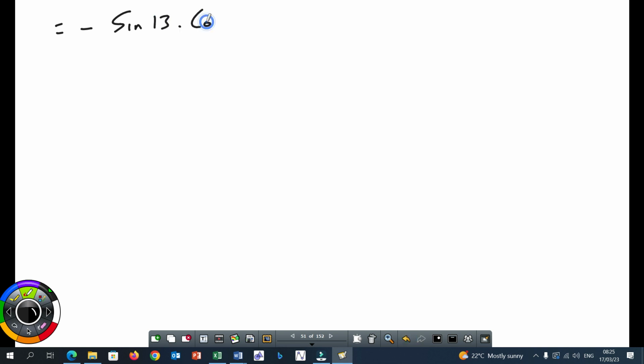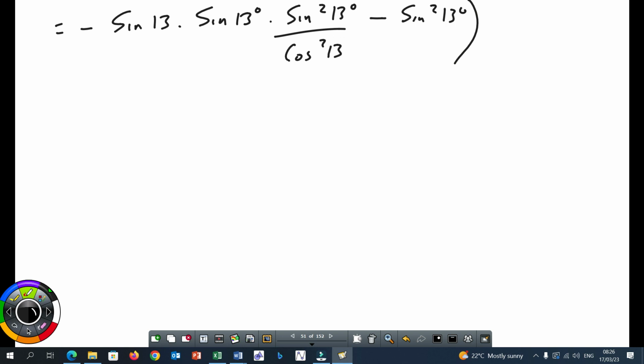So that will be sine 13 times sine squared 13 degrees over cos squared 13 minus sine squared 13. And I'm going to put cos squared 13 over sine squared 13 degrees.